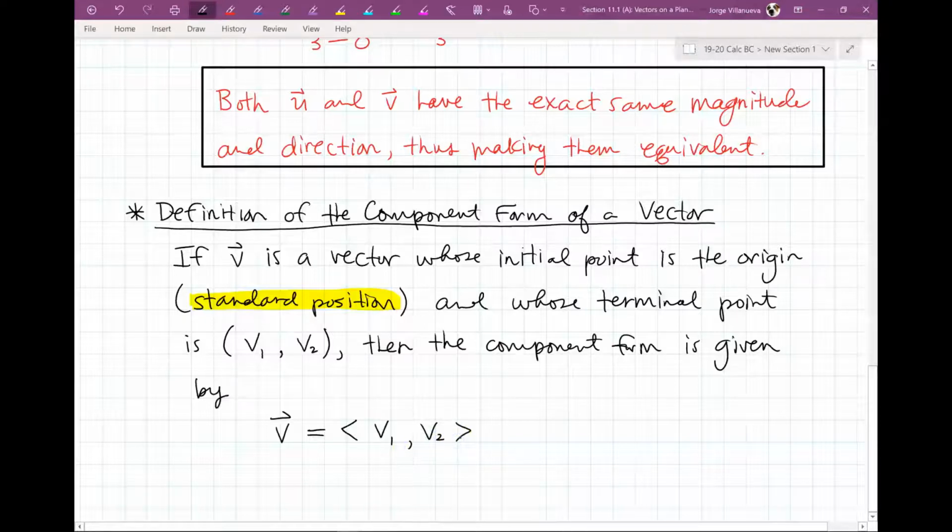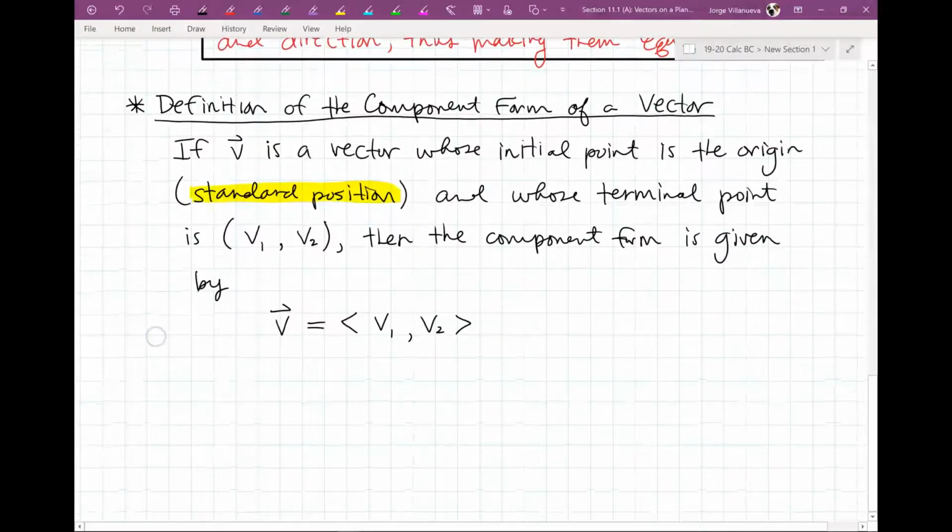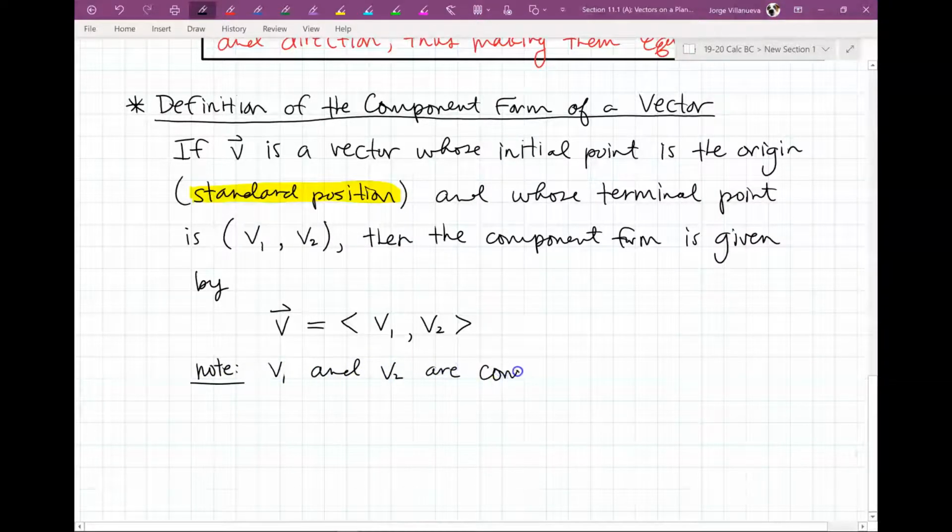Notice it's not using parentheses like we're used to. It's using the less than, greater than symbols. That's another way you can tell something is a vector, based on that notation. v sub 1 and v sub 2 are components of vector v. So we're going to put right here, note: v sub 1 and v sub 2 are components of vector v.